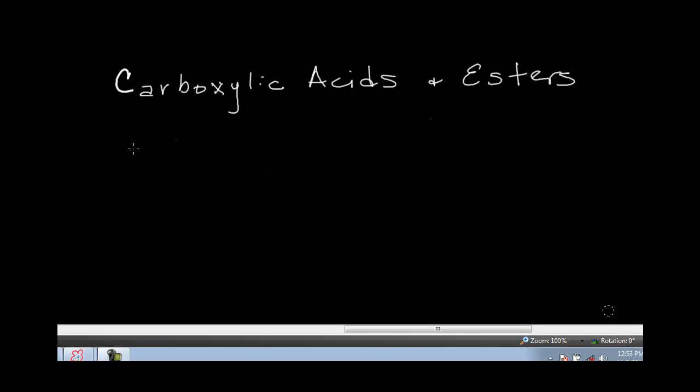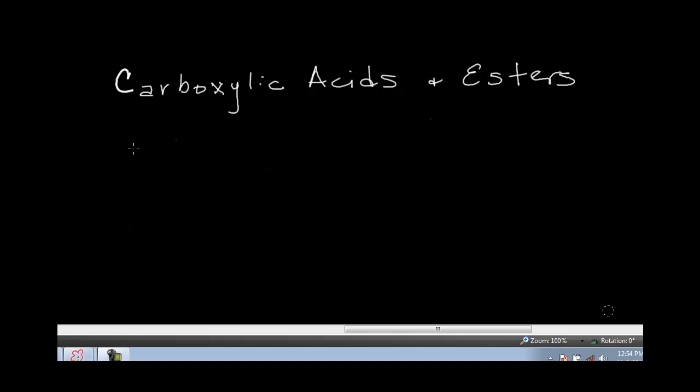So in today's lesson, we are going to attempt to learn carboxylic acids and esters. A couple of chapters ago, when we studied alcohols, we considered carboxylic acids. We said that alcohols could be primary, secondary, tertiary, and we actually did reactions of these, and primary alcohols would oxidize to yield what?